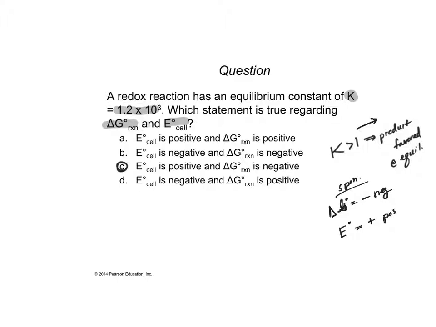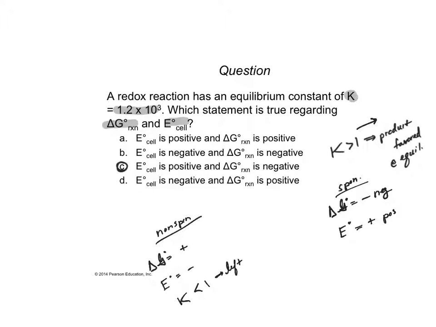On the other hand, if it was non-spontaneous, then delta G would be positive and E would be negative, and more importantly, K would be less than 1. Reactants would be favored at equilibrium, so the tendency starting at standard state would be to go to the left.